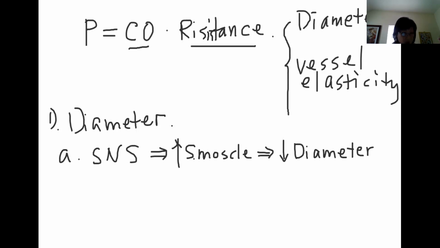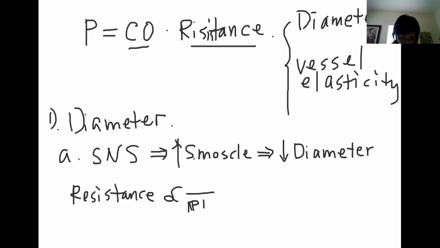Okay, so there is a formula here that tells you the relationship between the resistance and the radius, the diameter of the vessels.